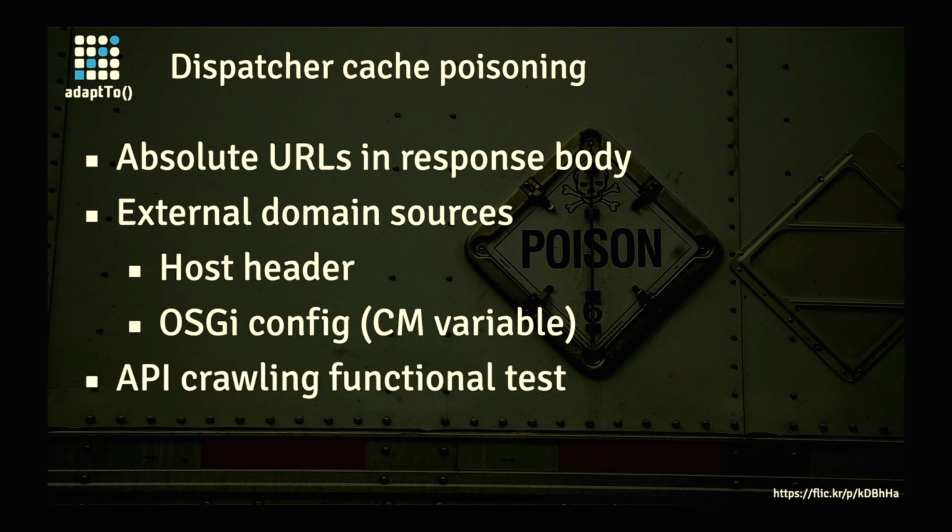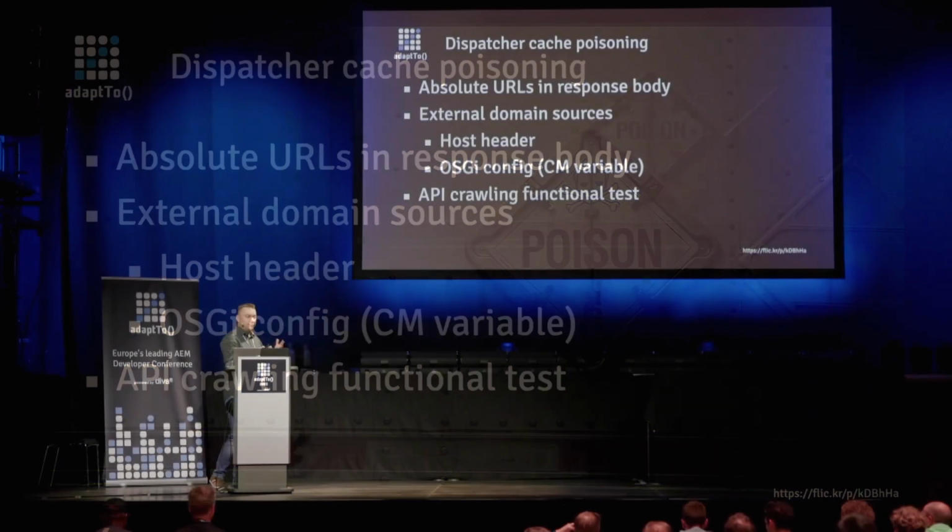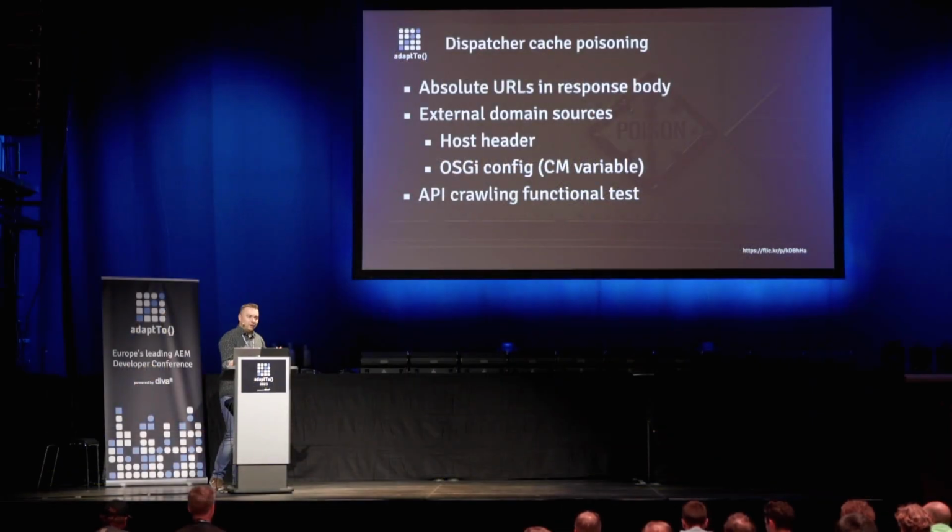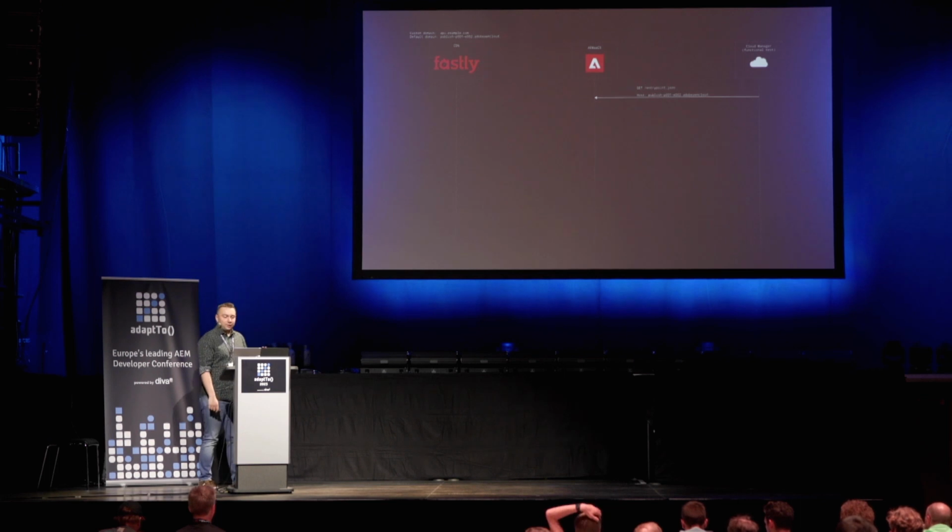And our functional test, the test that is triggered in scope of your Cloud Manager pipeline, was essentially an API crawling. So we crawled through the entire API, since we can do it. We just provided the entry point and crawled through the entire API just to check if all the links are working correctly. So what actually happened?